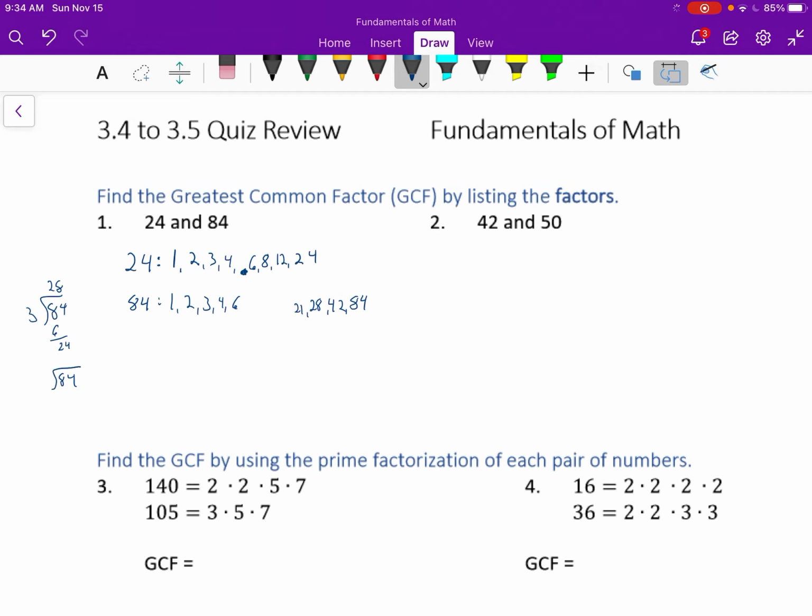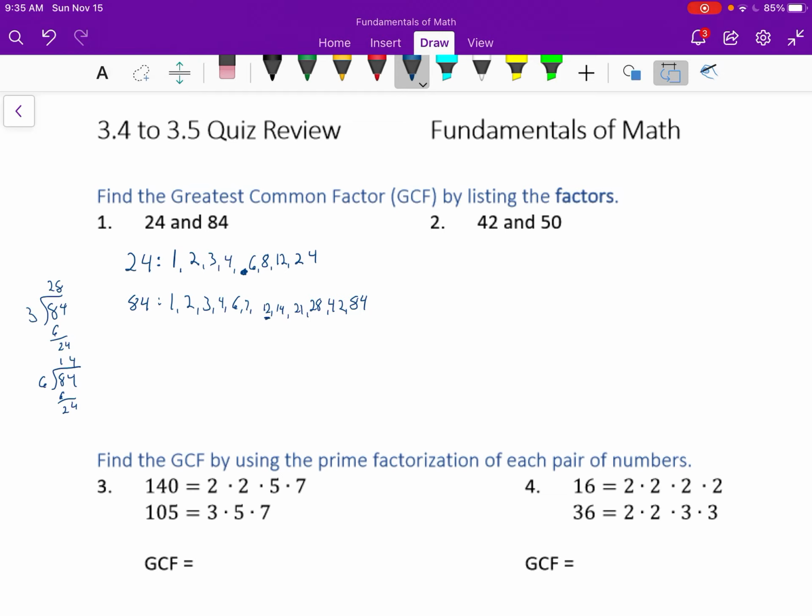We learned that in the divisibility rules. 6 times 14 is 84. 7 goes into 84, and that goes in 12 times. 8 does not go into 84. 9, 10, 11, and 12, and we got back to 12, so we're finished.